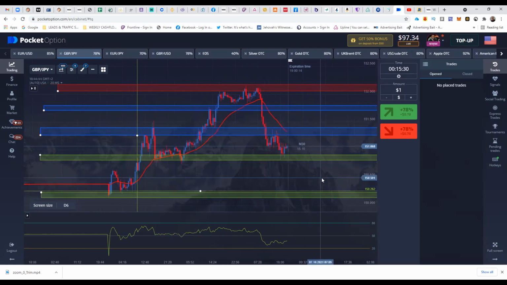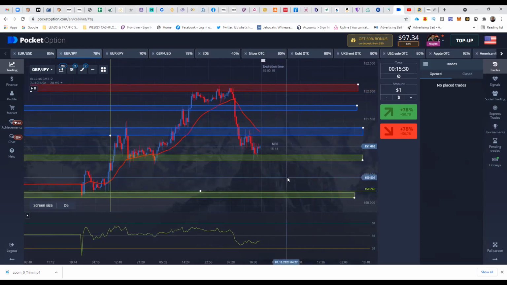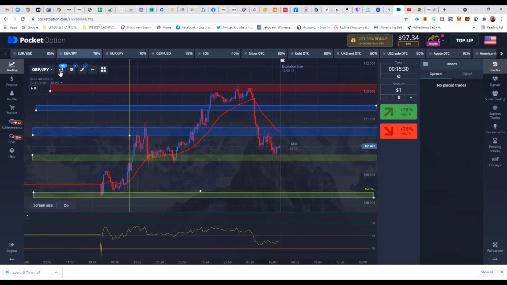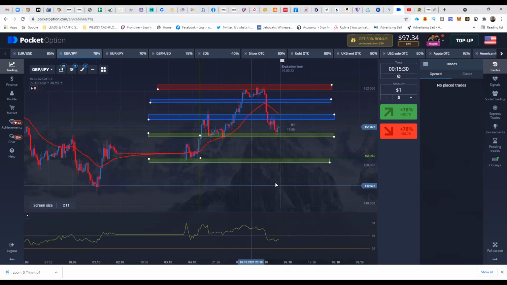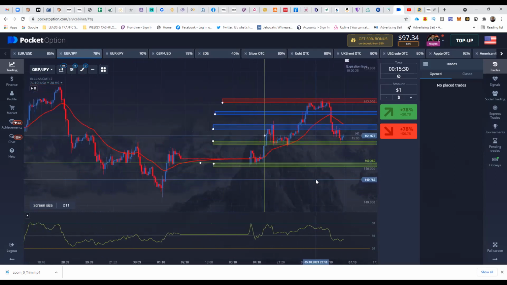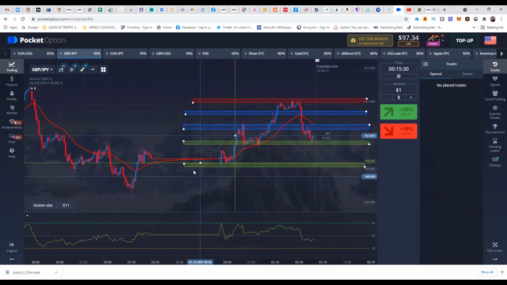All right. So now when we zoom out, there's no more floors to mark up. So let's see on the 1 hour, we see more. All right, so now we're going to pull these out.